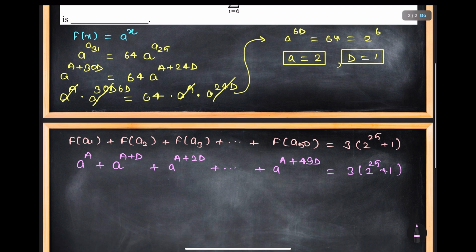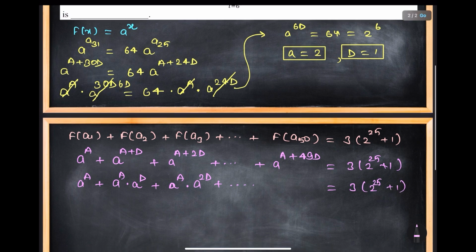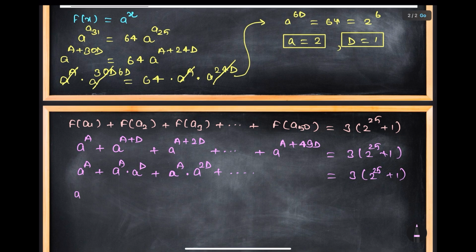Now look at this. You know that we can split, means we can write a power capital A plus a power capital A into a power D, sorry, this is small a power capital A into a power 2D, and so on. And the same thing, 2 power 25 plus 1. Now be super slow. Can I take a power capital A common?